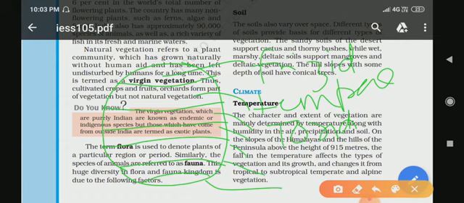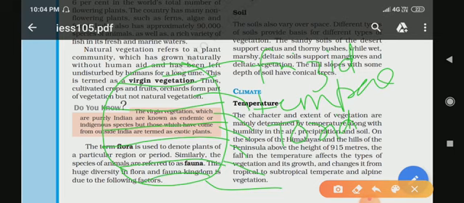Near the equator you will find evergreen forests where trees such as rosewood and mahogany are found. But if you go to the Himalayas region, there you will find coniferous forests where trees like pine, deodar, and cheed are found.